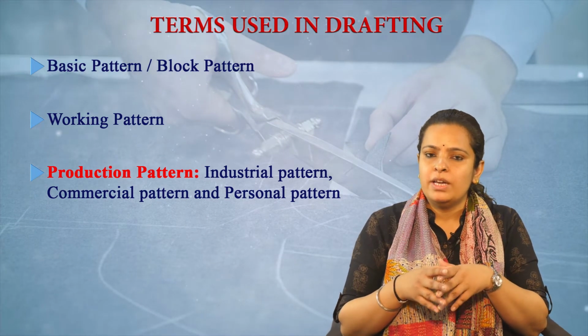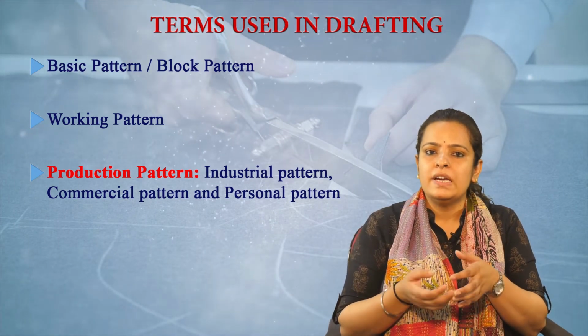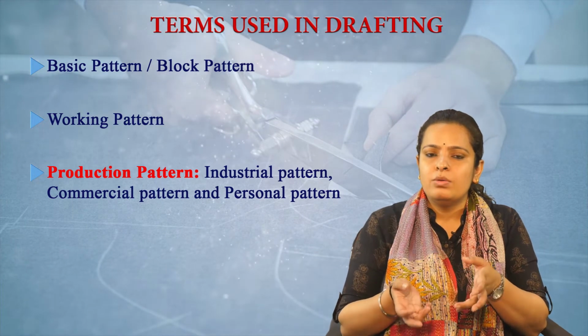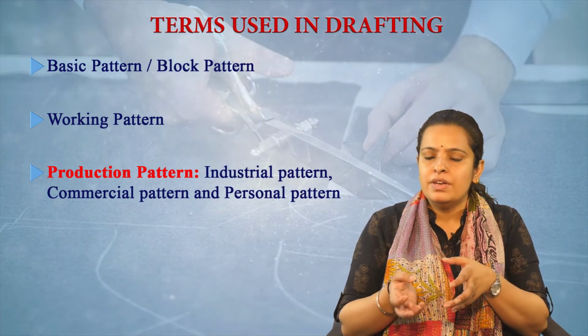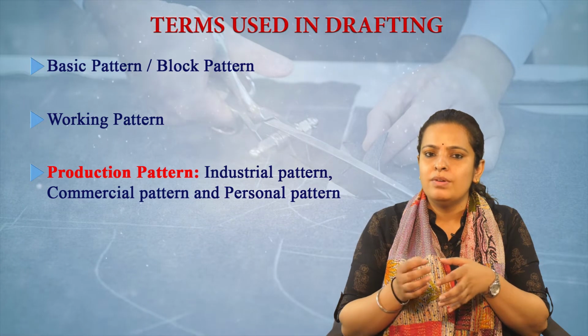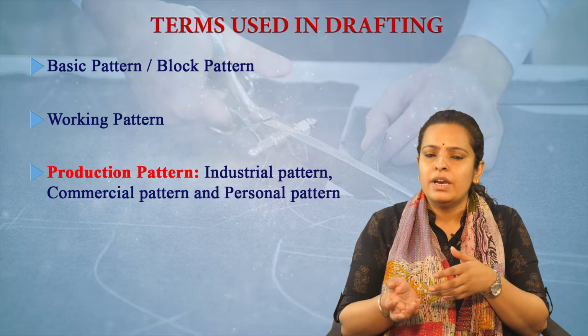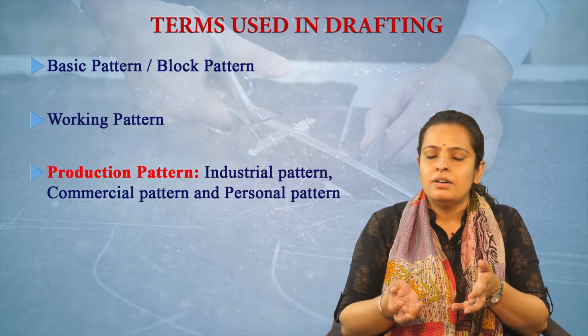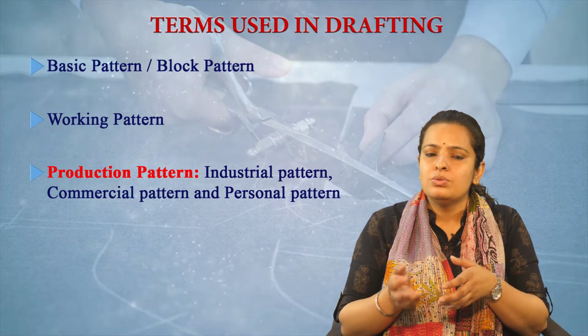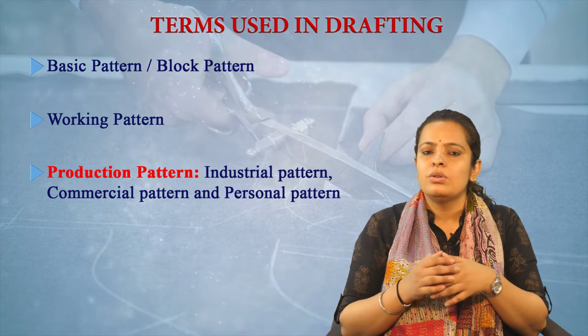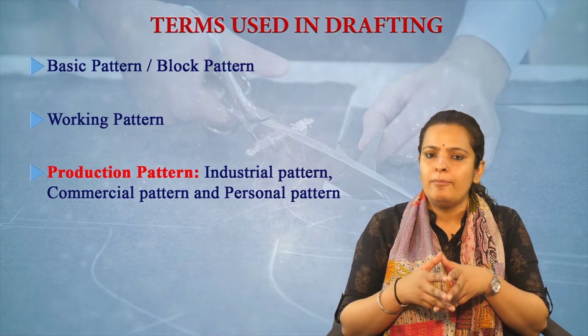Then we have the working pattern, which includes all the creativity, such as how much seam allowance there will be, and if we want any particular design, we create the designing on that. If we want to manipulate the darts, we do the dart manipulation there. So that point is called the working pattern.